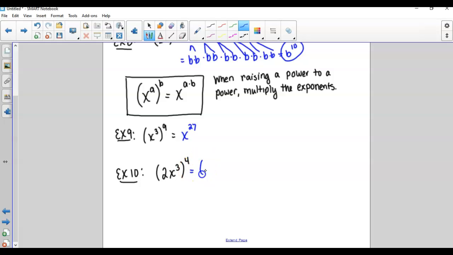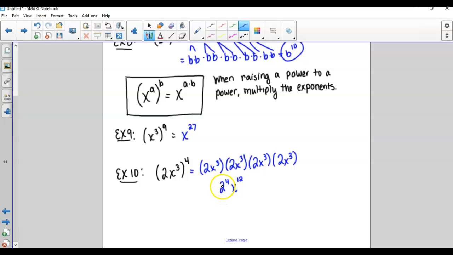So what this means is 2x to the third times 2x to the third times 2x to the third times 2x to the third. If you can see here, we've got 1, 2, 3, 4 2's. That is 2 to the fourth power. And then we've got 3, 6, 9, 12 x's here. So that'll be x to the 12th.